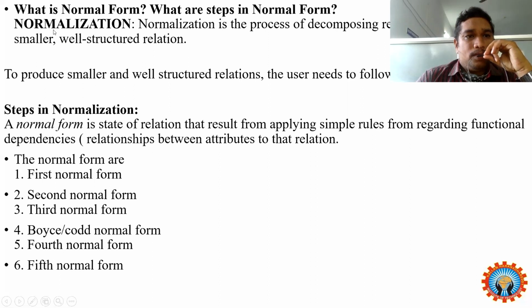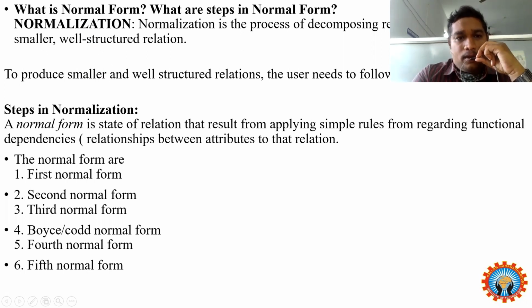Already you know that normalization is a process of decomposing a relation to produce smaller and well-structured relations. To produce these, the user needs to follow normal forms, which we discuss from today onwards. For any bad schema or bad relation, there will be duplication of data.